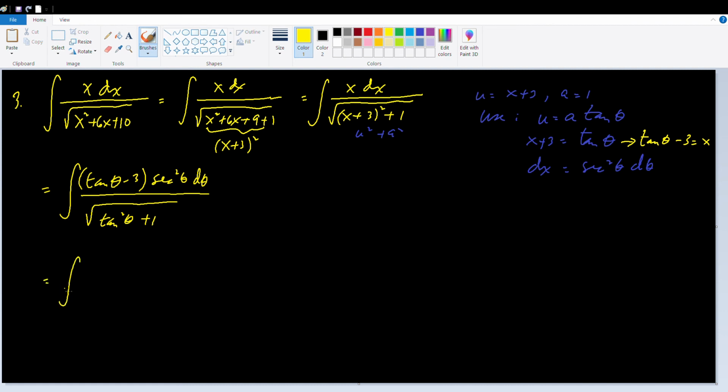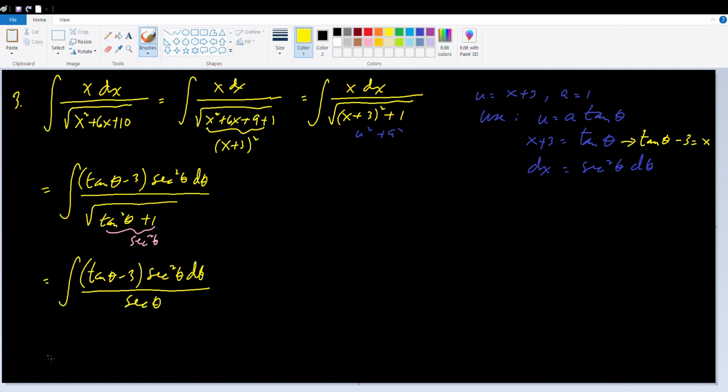So we now have tangent theta minus 3 secant squared theta d theta. 1 plus tangent squared theta is secant squared theta, whose square root is secant theta.